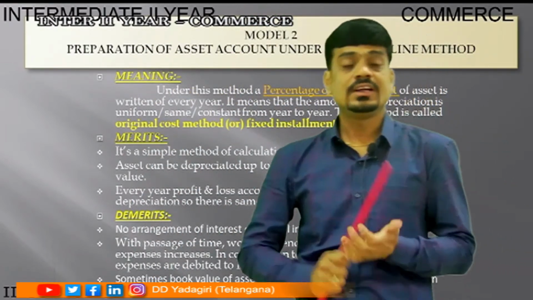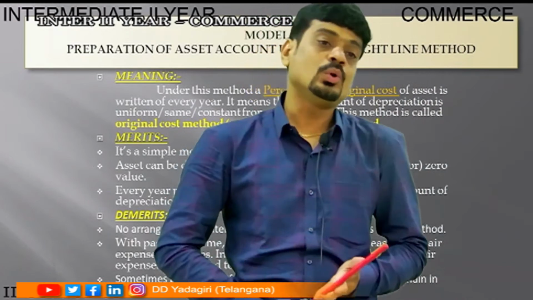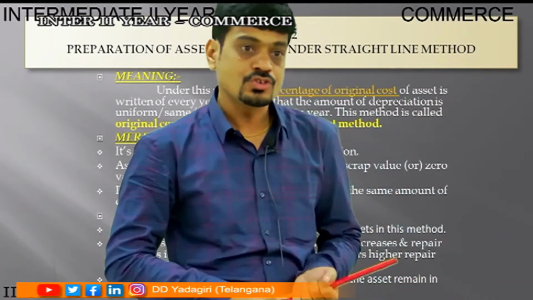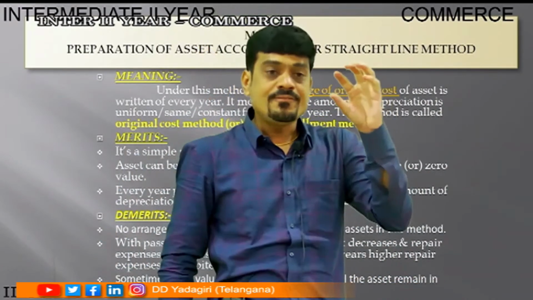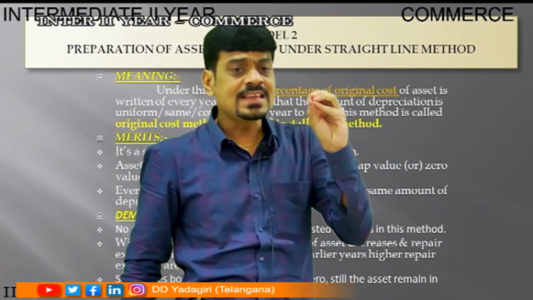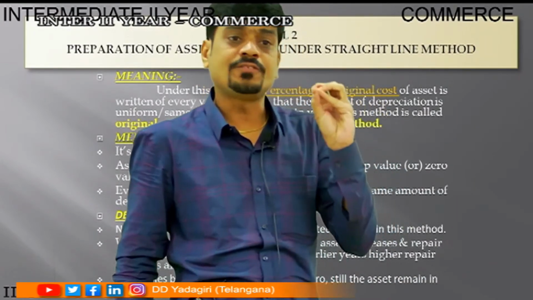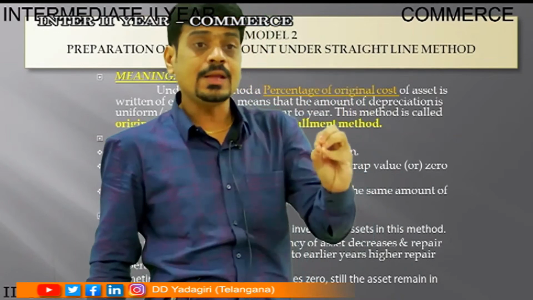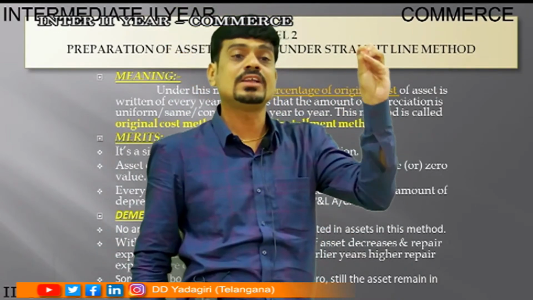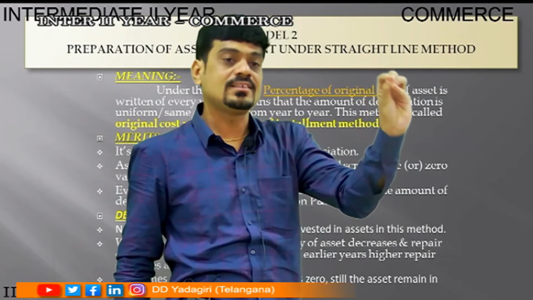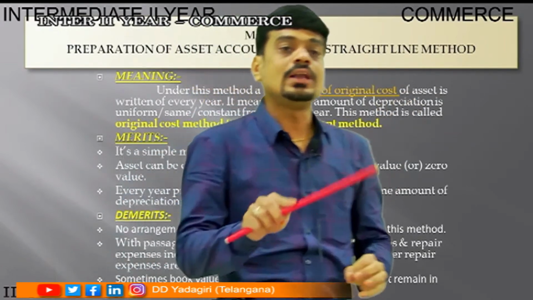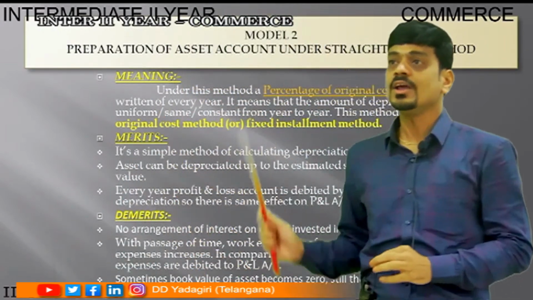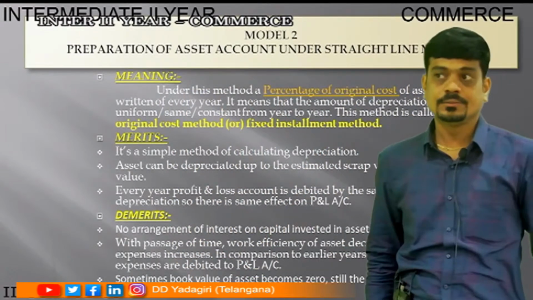Then why do we call it the original cost method? Since every year we calculate a specified rate of depreciation on the original cost of the asset, we call it original cost method or fixed installment method.